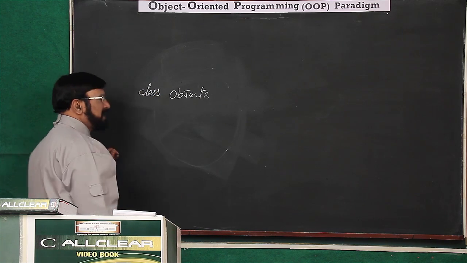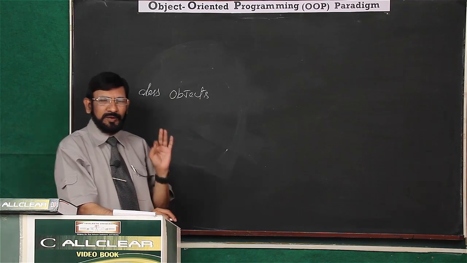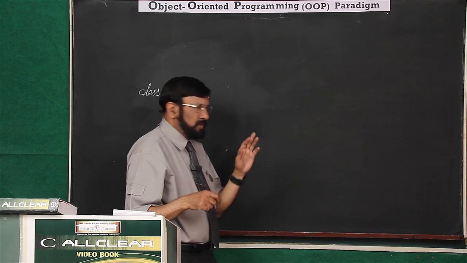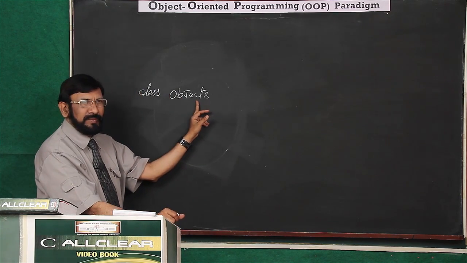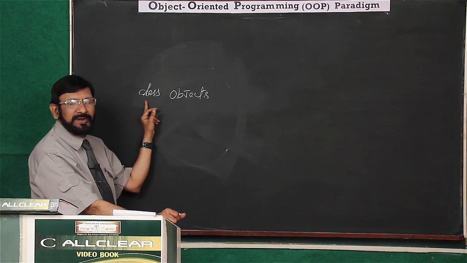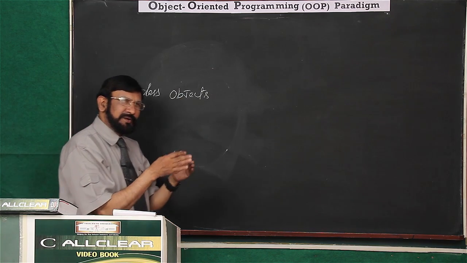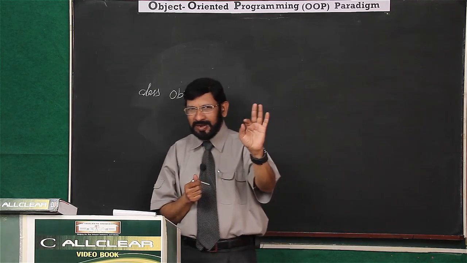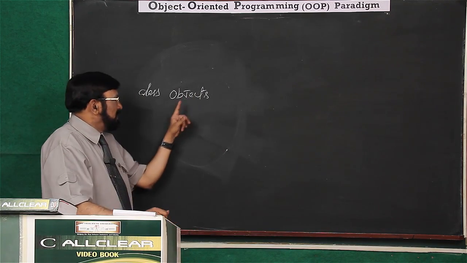Why? Let me tell you in a different fashion. You want to construct a building. You require a blueprint. What is the relation between a blueprint and a building? Just think. If you are able to answer this, you can get this thing.